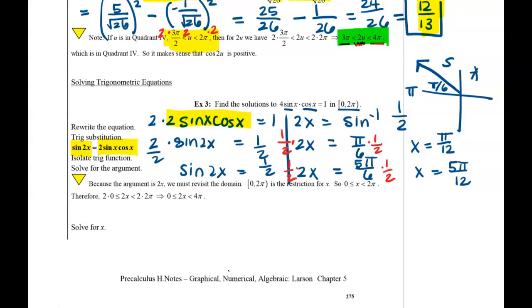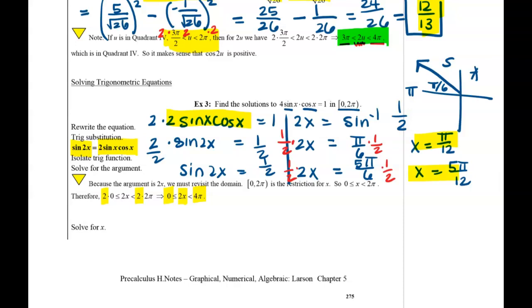So basically, I need to make this a 2x, and then you would multiply the 0 and the 2 pi by 2, which means the double angle is between 0 and 4 pi. All right? So I am going to need to keep finding more values.